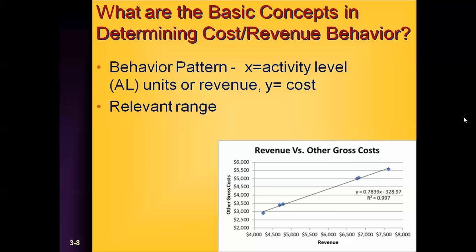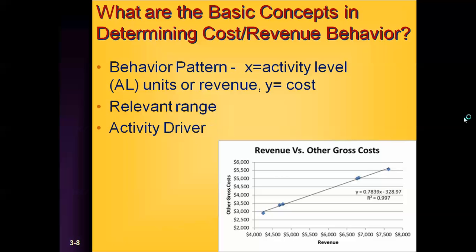For instance, if Apple manufactures between 7 and 10 million iPhones a week, that would be the relevant range they would be concerned about as it relates to cost. They wouldn't be necessarily concerned about when they manufacture 2 million or when they manufacture 50 million a week, because those aren't part of the relevant range.